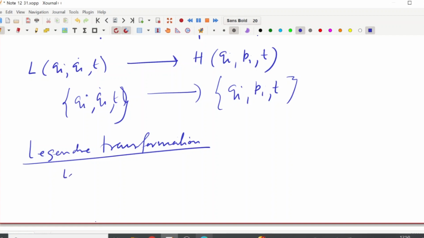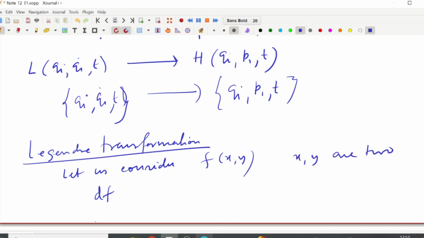Let us consider a two dimensional function f(x, y), where x and y are two independent variables.